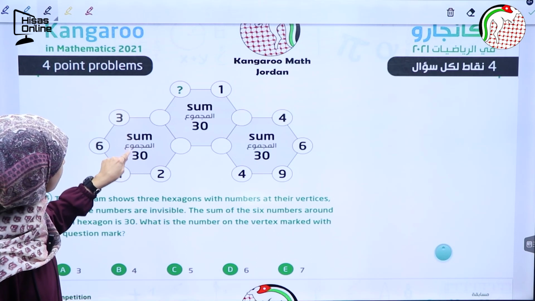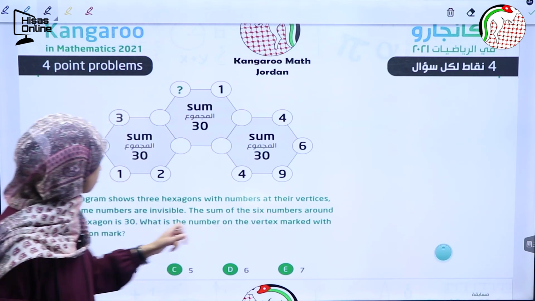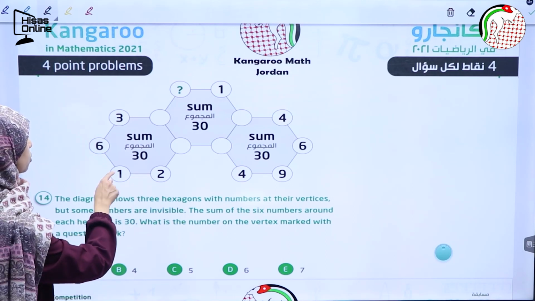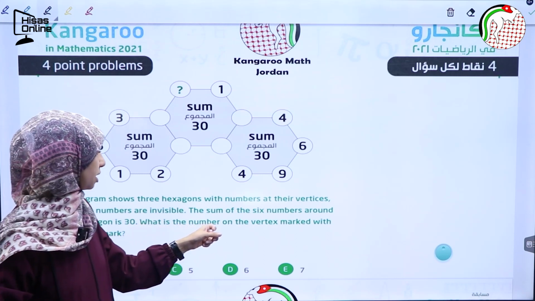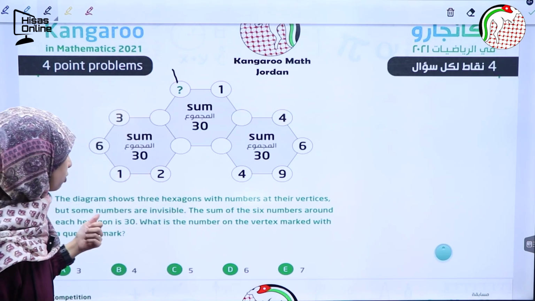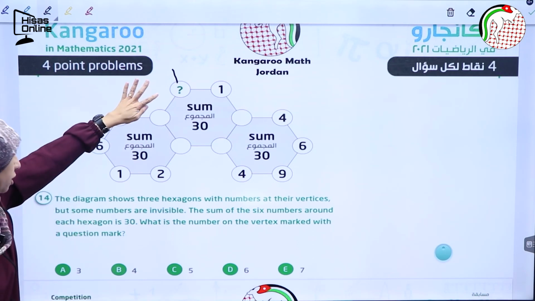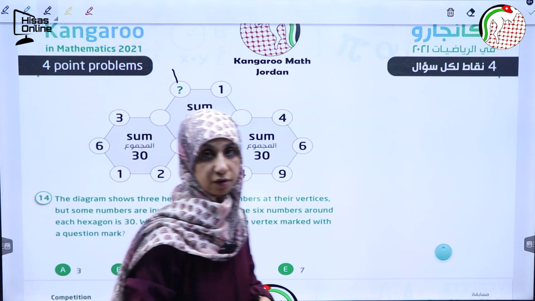Now, the sum, as written inside each hexagon, is 30, based on adding the numbers on the vertices. Now, what's the number that can replace the question mark on that vertex? Let's see, is it 3, 4, 5, 6, or 7?